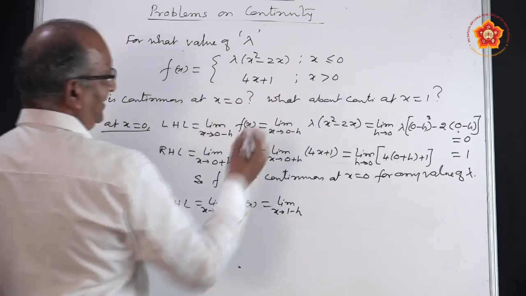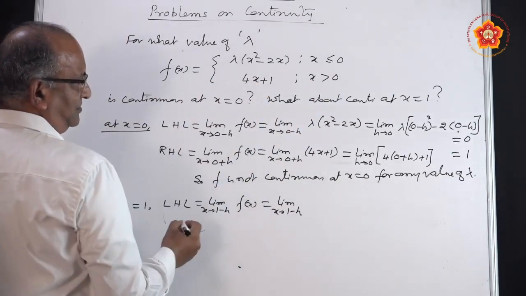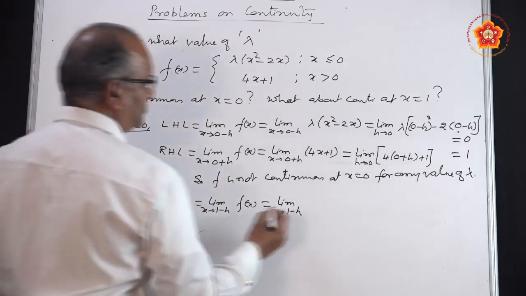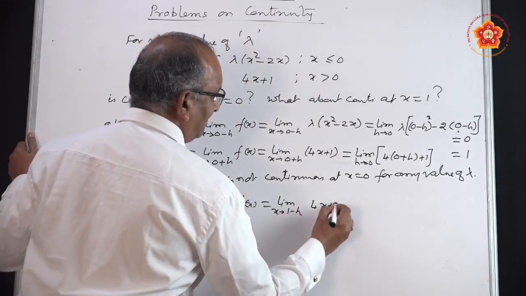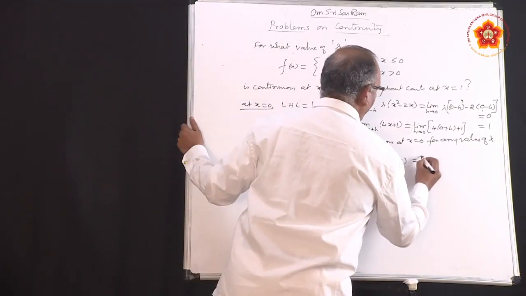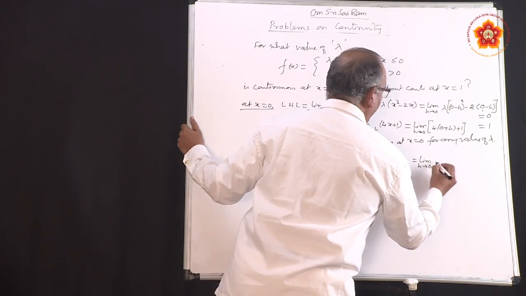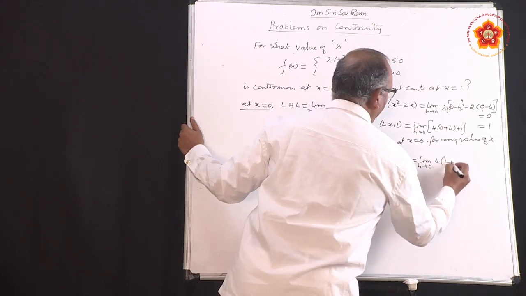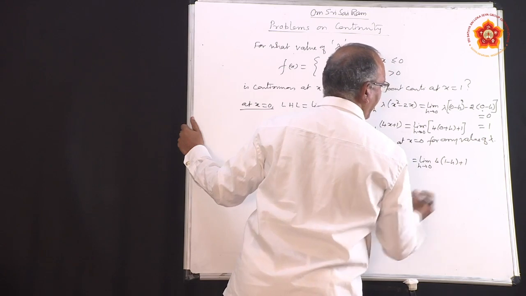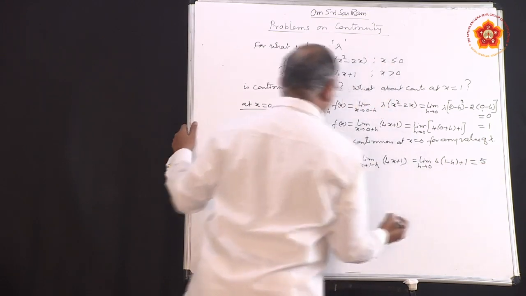He has given greater than 0. Greater than 0, this is the function. So 1 is greater than that, so it is 4x plus 1. If h is tending to 0, it becomes 5.